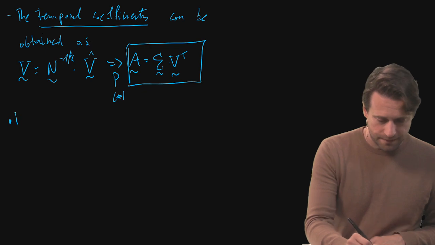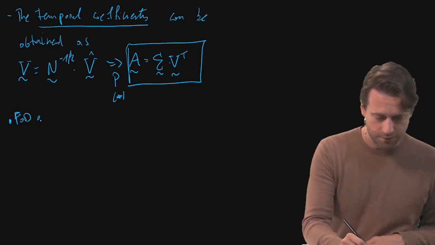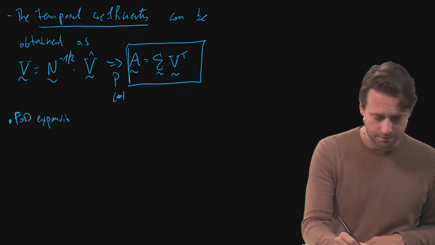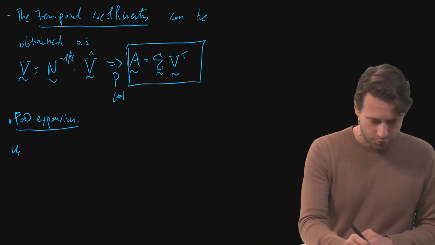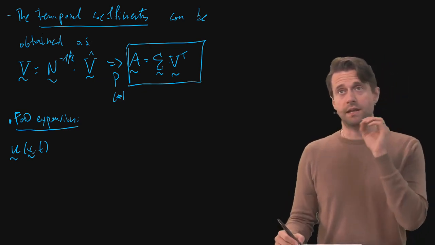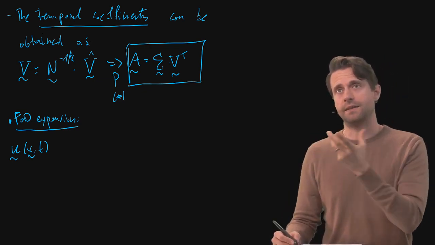Therefore, the POD expansion looks as follows. The POD expansion will be U as a function of x and time, where U is the velocity vector, x is the spatial coordinate, and t is time.